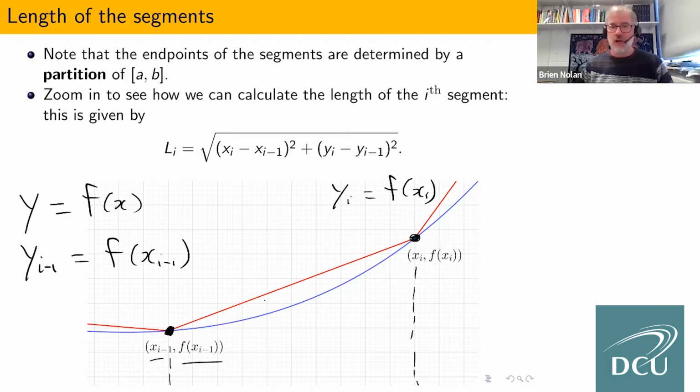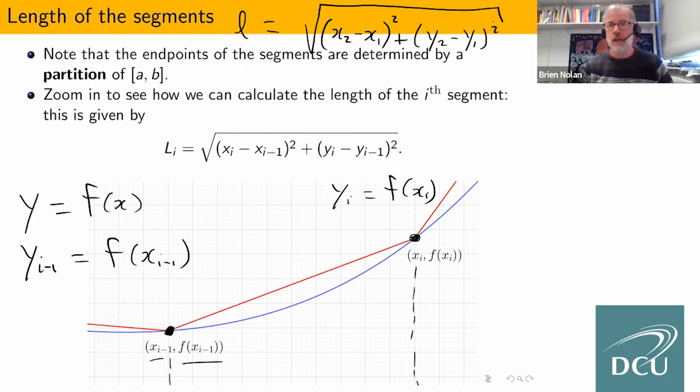Now, what's the length of a straight line? Really easy. It's the square root of (x2 minus x1) squared plus (y2 minus y1) squared. This is the length formula in geometry.